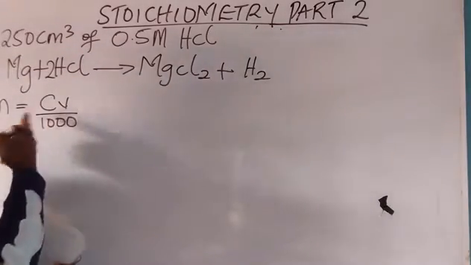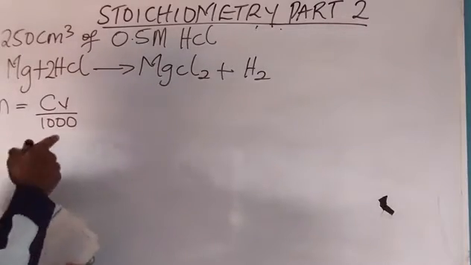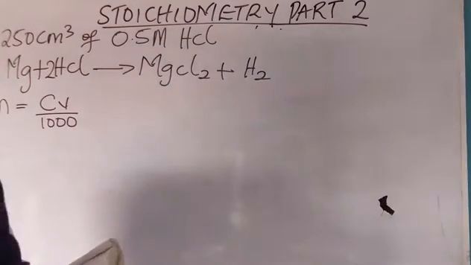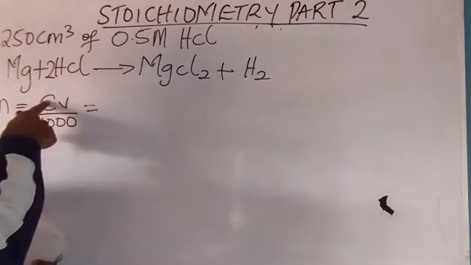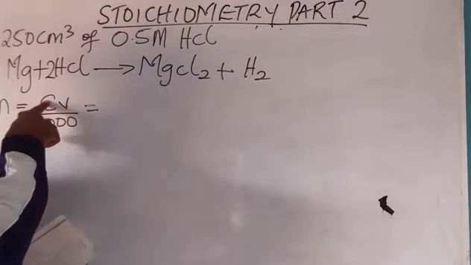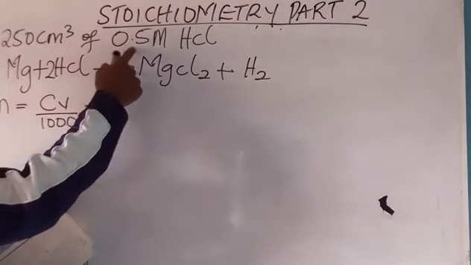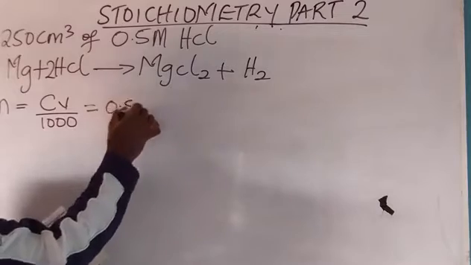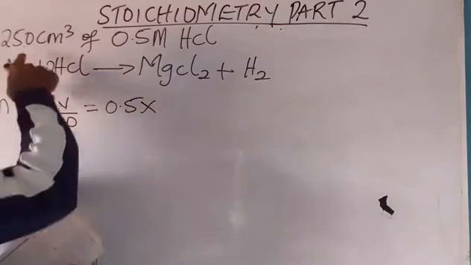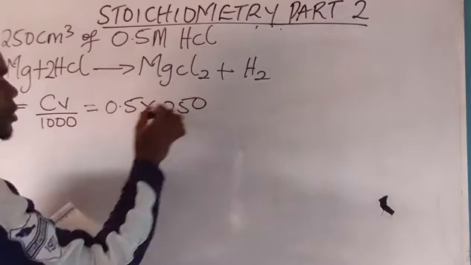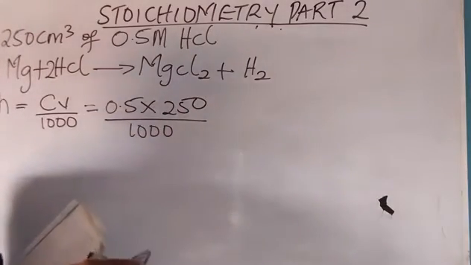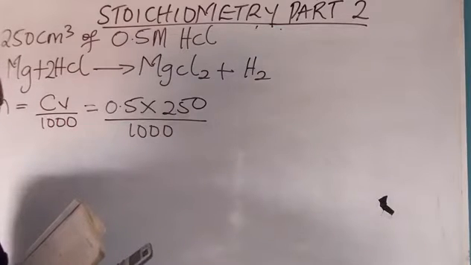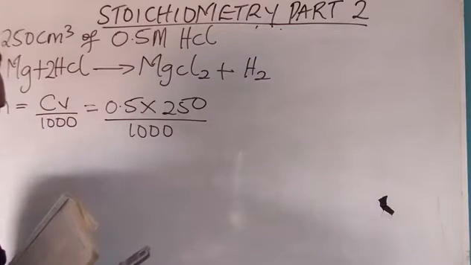But they just give us volume in cm cube, which means we must divide by 1000. From the question, you have the concentration to be 0.5 molarity times the volume, which is 250 over 1000. All right, so I now have 0.5 times 250 divided by 1000.